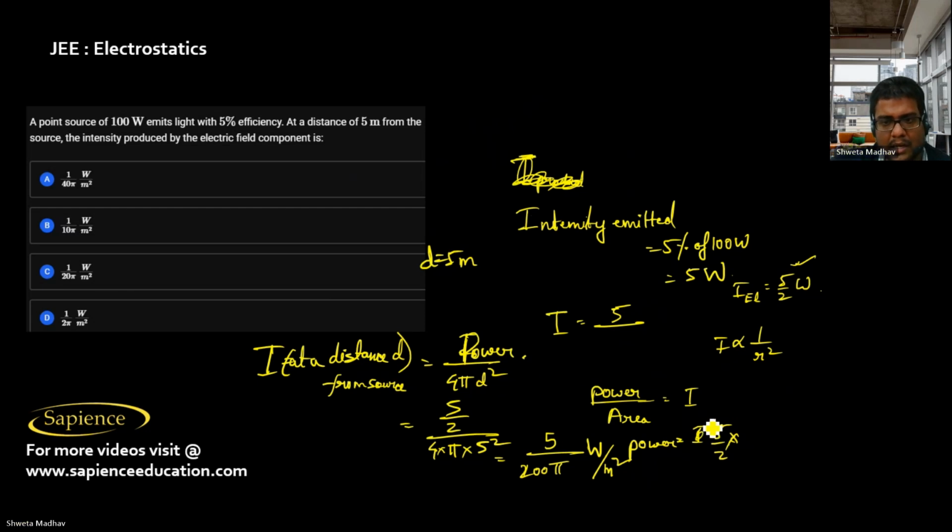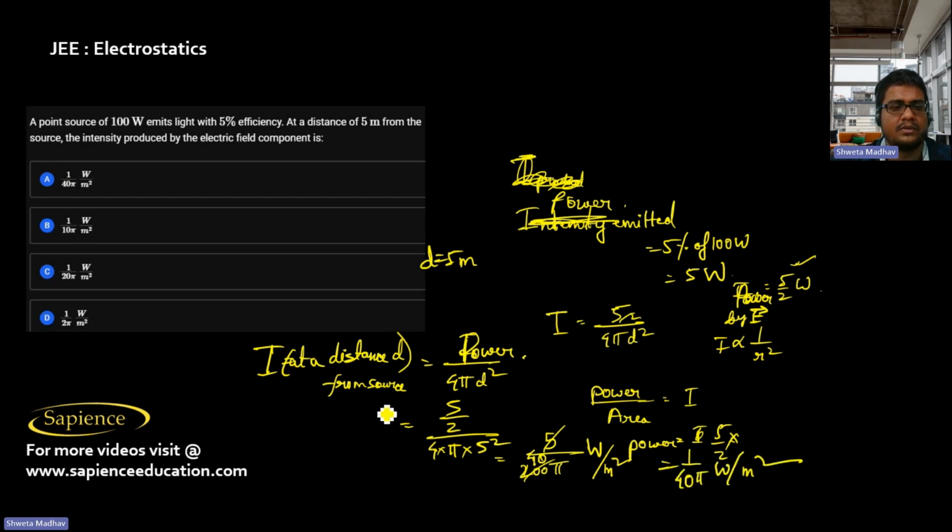The power emitted by the source is 5 watt, and the power emitted by the electric field is half of this, that is 5 by 2 watt. The intensity is 5 by 2 into 4 pi d square. So 5 into 4 is 20, so it is 1 by 40 pi watt per meter square. So option A is the correct answer.